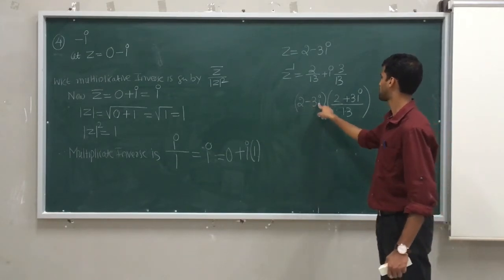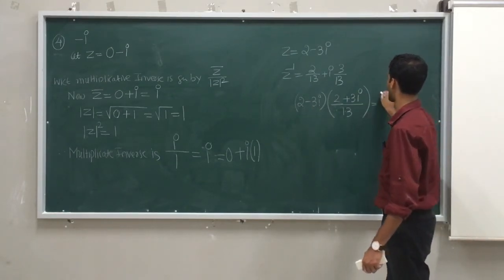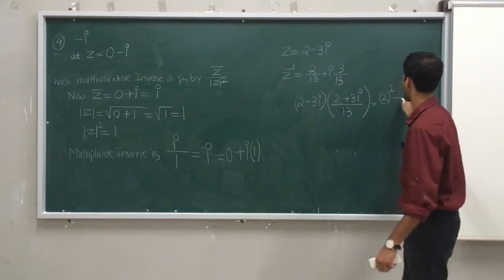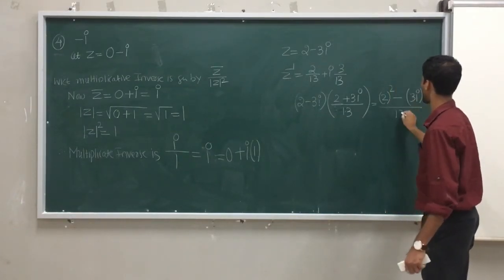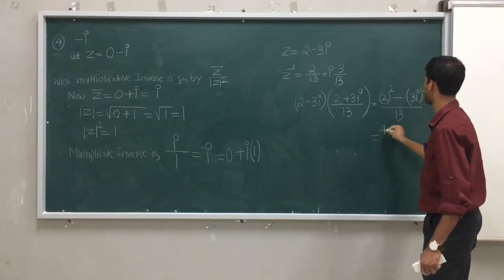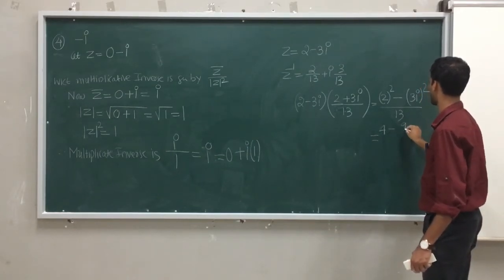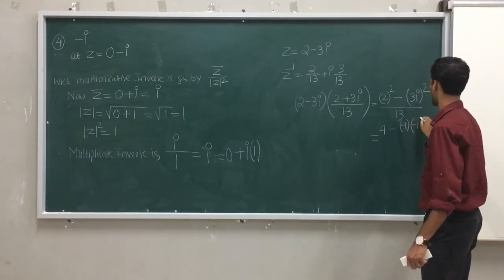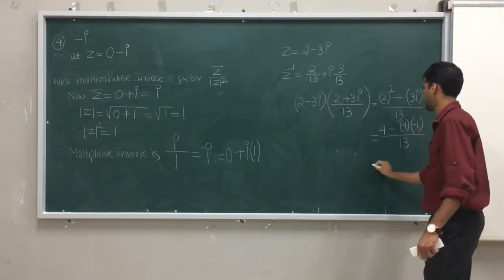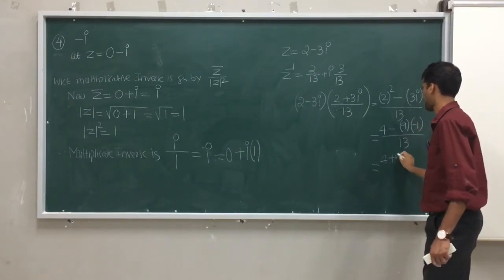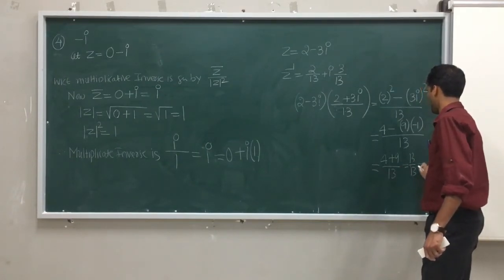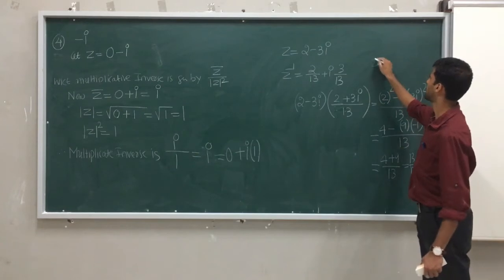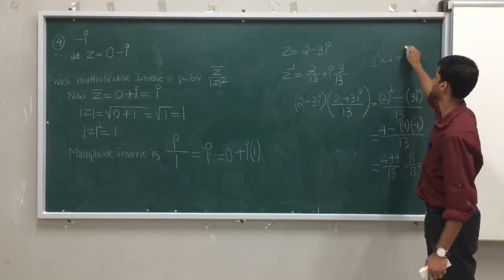We know that a minus b into a plus b is equal to a square minus b square, divided by 13. So 2 square is 4 minus 3 square is 9 into i square is minus 1, upon 13, which is nothing but 4 plus 9 upon 13, which is 13 by 13. The answer is 1. It looks like z inverse when you multiply with z, the answer is 1.